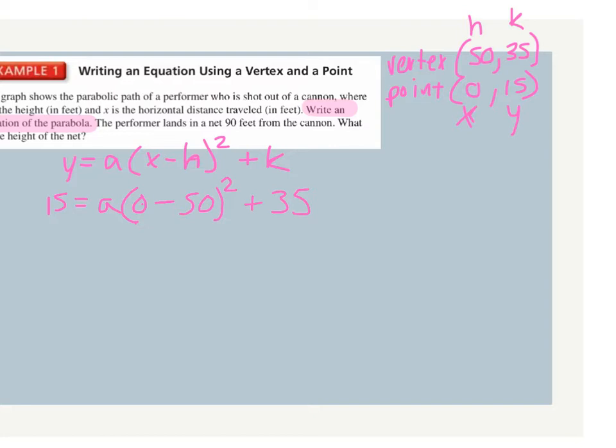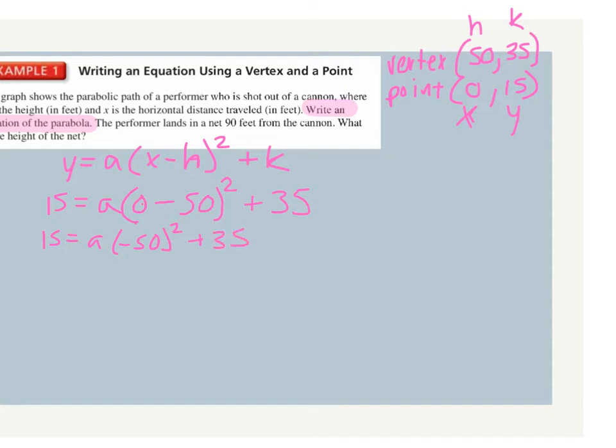Now what's the first thing we need to do to solve for a here? Perfect. We do 0 minus 50, so we do our parentheses first. So we have a times negative 50 squared plus 35.